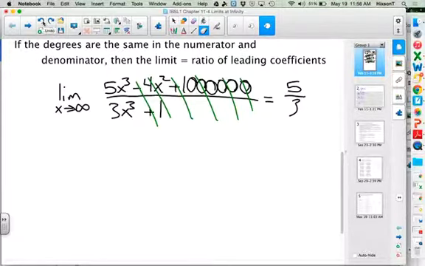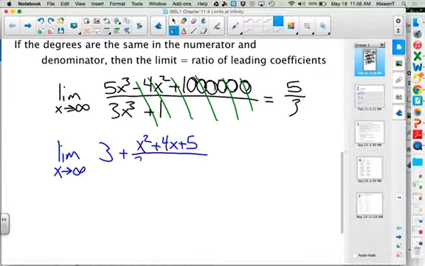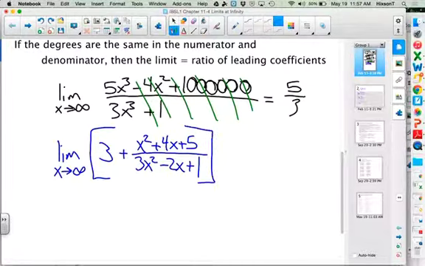Now, the one variation I will warn you about is to be careful when part of the function is a rational function and part is not. For example, let's say we were finding the limit as x approaches infinity of 3 plus x squared plus 4x plus 5 over 3x squared minus 2x plus 1.